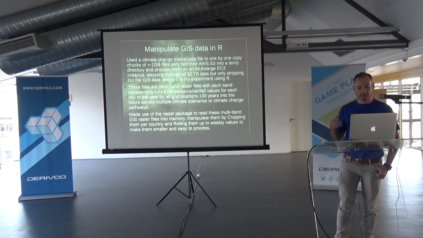Because the EC2 instance is in the same data center as this big data set, I could, within milliseconds, almost copy these gig files across to my instance, process them in R, and then discard them, only subsetting and rolling up this data set to what's relevant to my experiment.